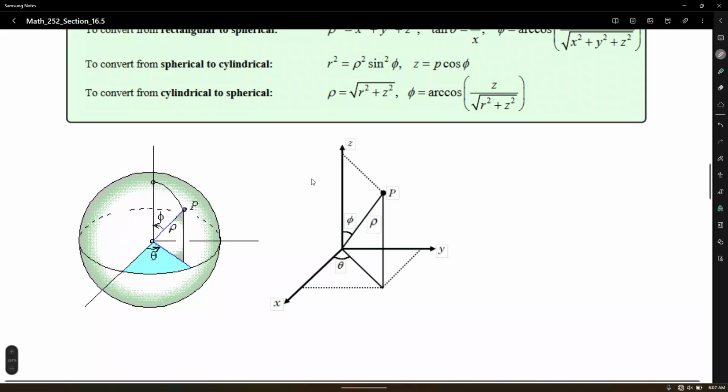That's the distance from the origin to any point on the sphere. Then we have the around angle, the polar angle, which goes between 0 and 2 pi in a similar way to cylindrical and polar. But the drop down angle phi goes between 0 and pi, that is, from the North Pole all the way to the South Pole. It is measured as an angular distance.